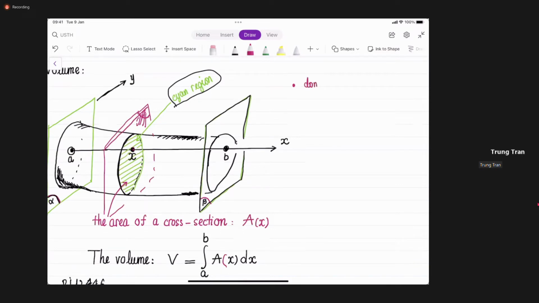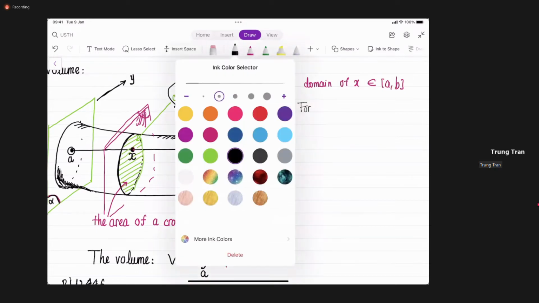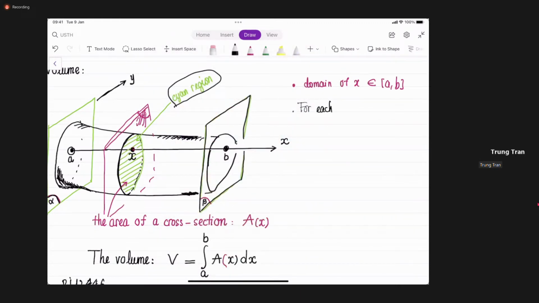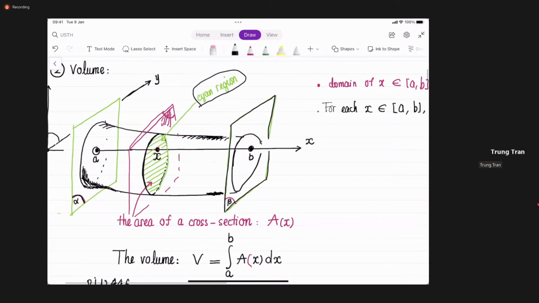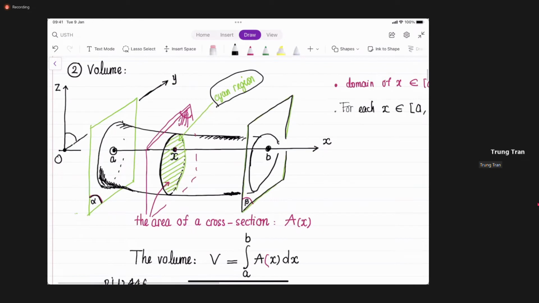So you have the domain of x, which belongs to the interval from a to b, and now for each x between a and b, you consider the intersection of the plane that is perpendicular to OX, as you can see in this picture.